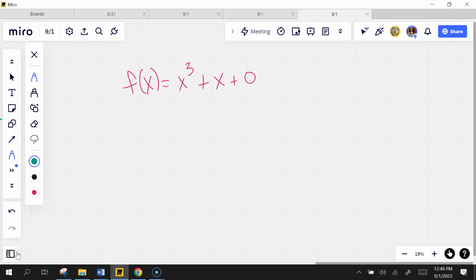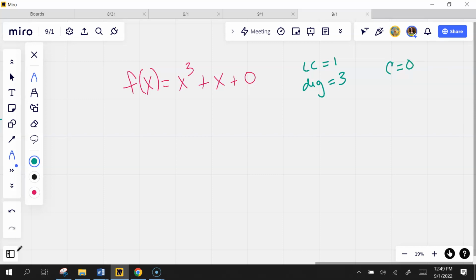Graph this on your calculator and tell me what it looks like. The leading coefficient is the biggest one. It's the first one if it's in standard form.